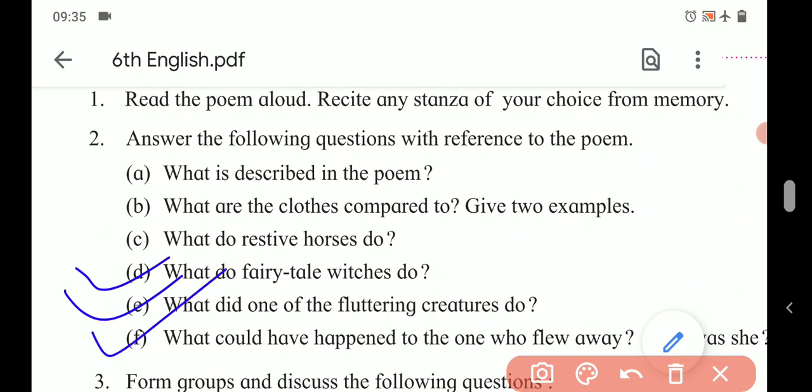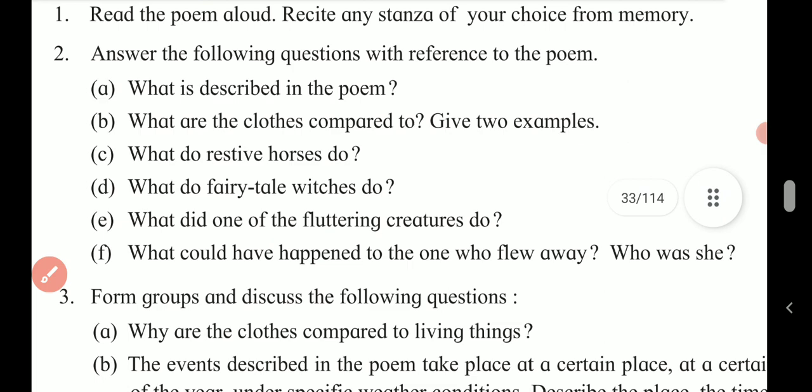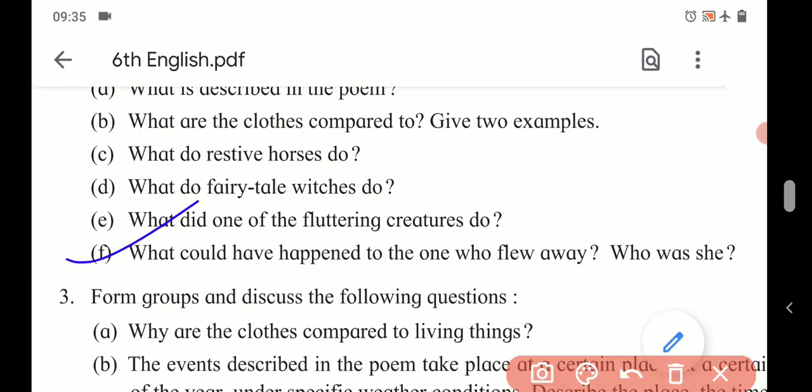Next one, what could have happened to the one who flew away? Who was she? That was the poetess's handkerchief, right? And what would have happened to it? That we have to write.